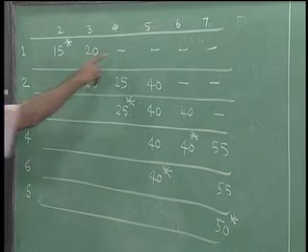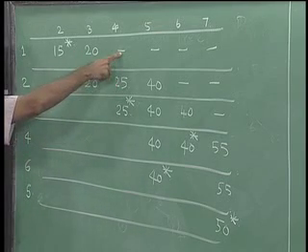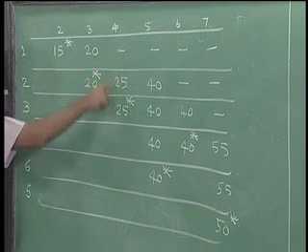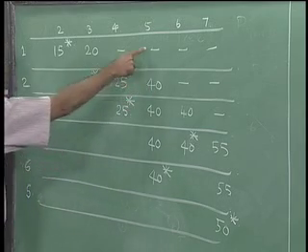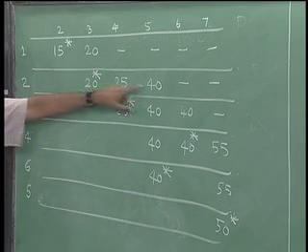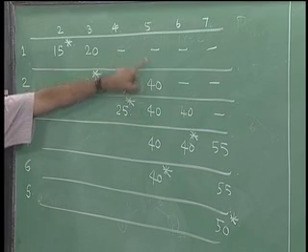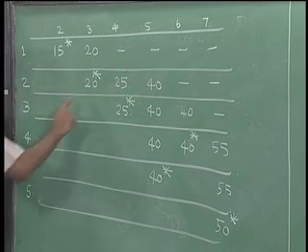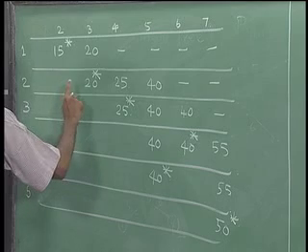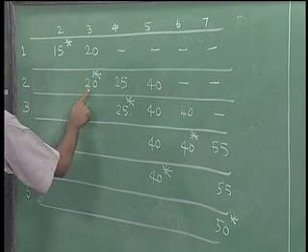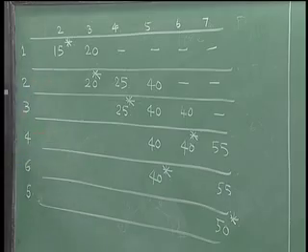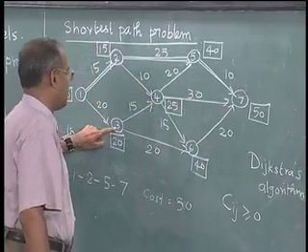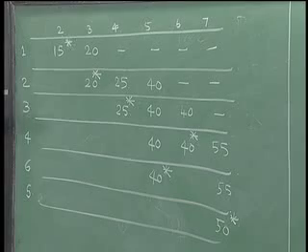Earlier the distance was infinity, 25 being smaller than infinity, we change this value to 25. Similarly, 40 being smaller than infinity, the value is updated here from infinity to 40. Now, the 20 that was the distance from 1 to 3 remains as 20, because 3 is not reachable from 2. So, 20 remains as 20.